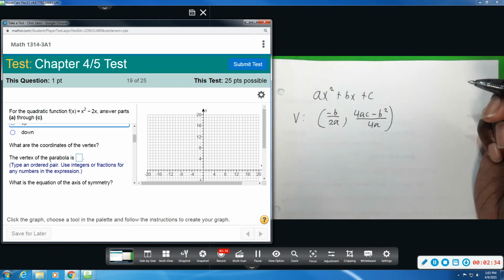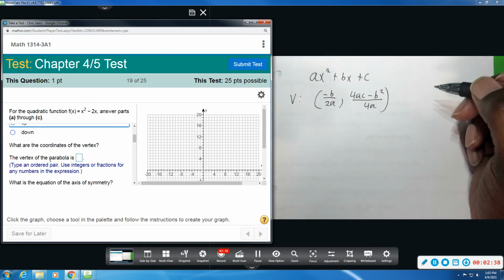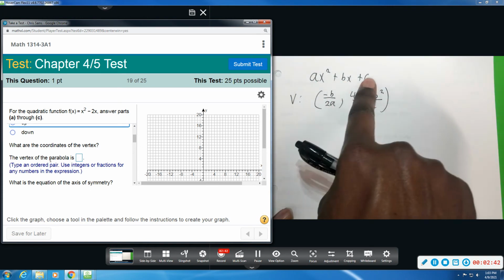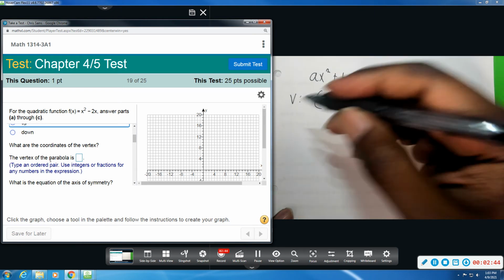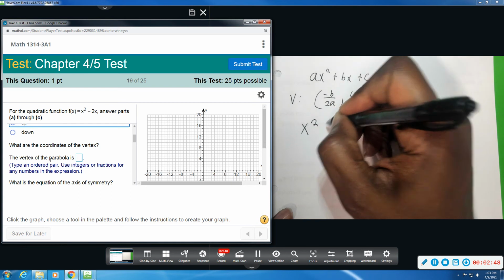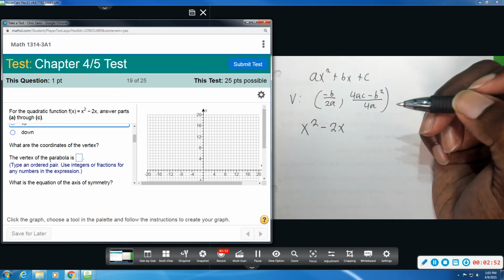This time I'm going to do just a little bit different, but use a method that you're familiar with. I'm going to take this value and plug it in, but I'm going to do synthetic division. So our parabola is x squared minus 2x.